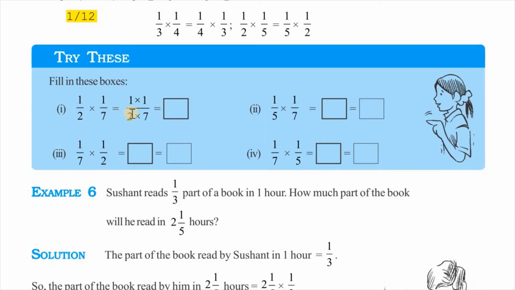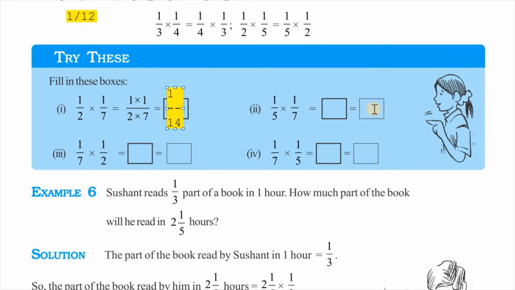Here we have a try these section. Fill up the boxes. So half into 1 by 7. Multiply the numerators, that should give us 1, and multiply the denominators. Let me just write it this way so it's easier for you to make out. So here we have 1 by 14. Similarly, you can try the others.